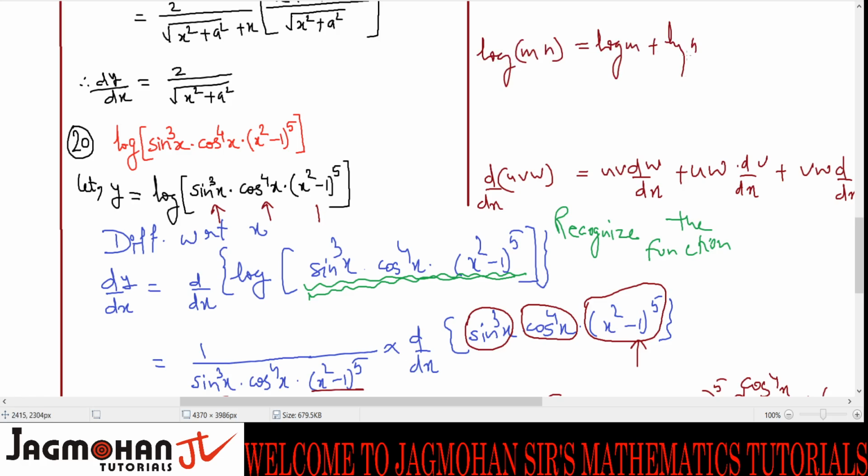So if we have log of m into n into p, it will be log m plus log n plus log p. So in short, we will not differentiate this one directly, because if we do that, it gets much bigger. So we should be doing something like this. Okay, give me 2 seconds, I will rub all this off.